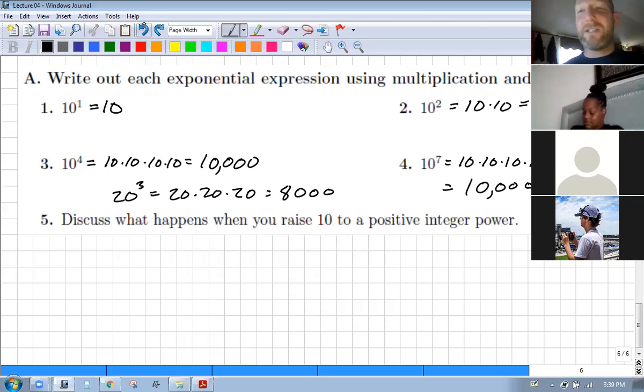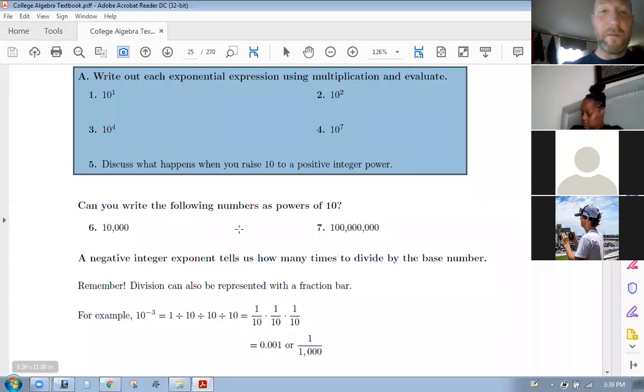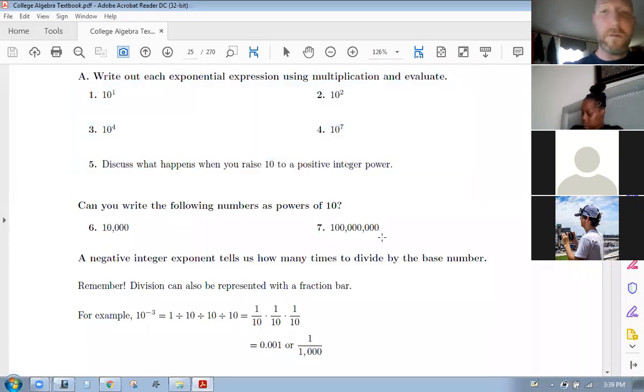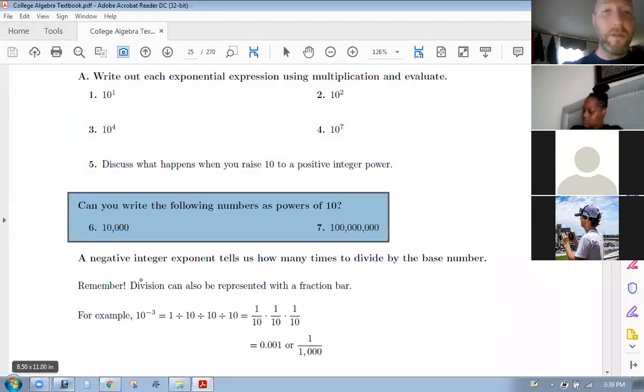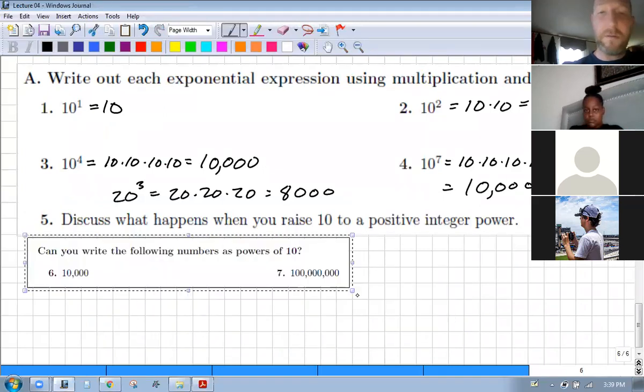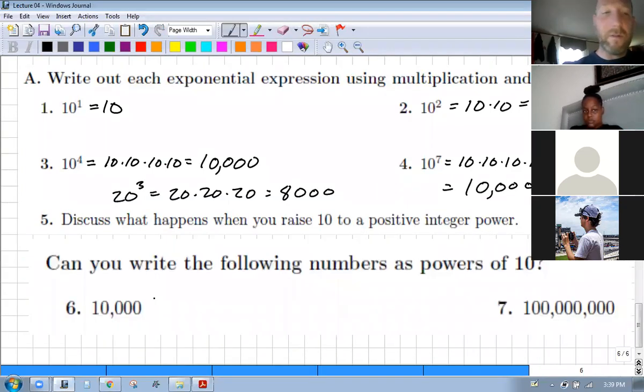That's why the metric system uses everything in base powers of 10. You know, 10 centimeters, 10 millimeters, and so on. So, if I'm going the other way here, what would this be as a power of 10? 10,000. 10 to the fourth power.